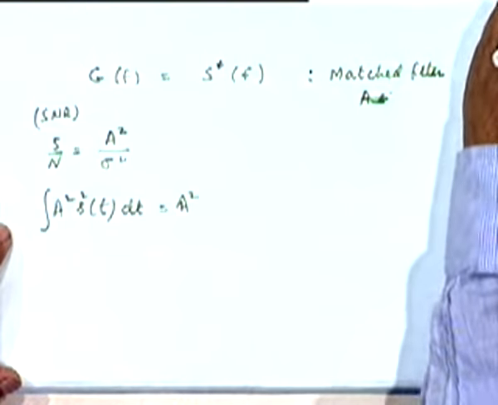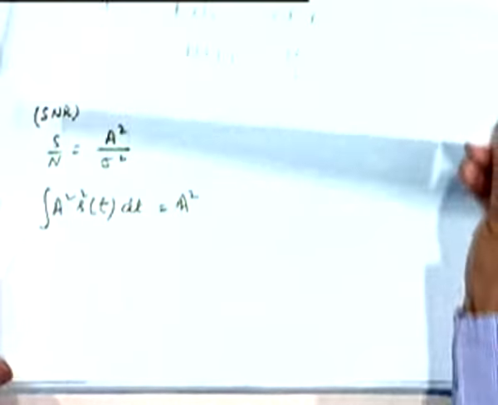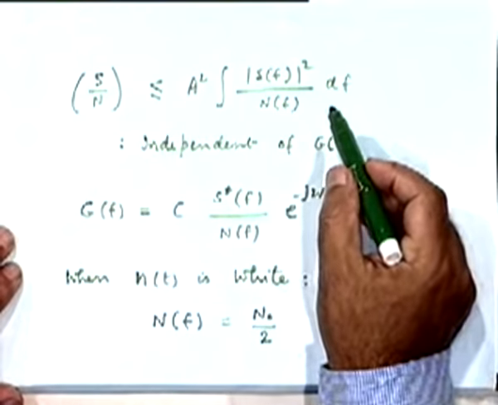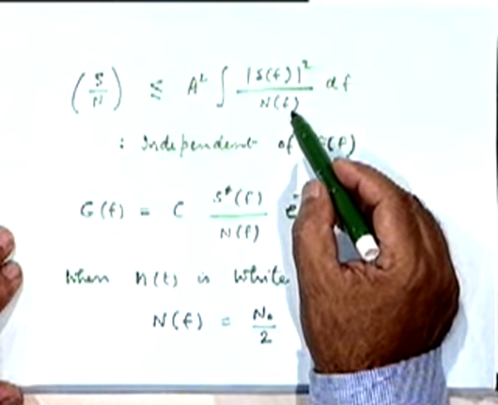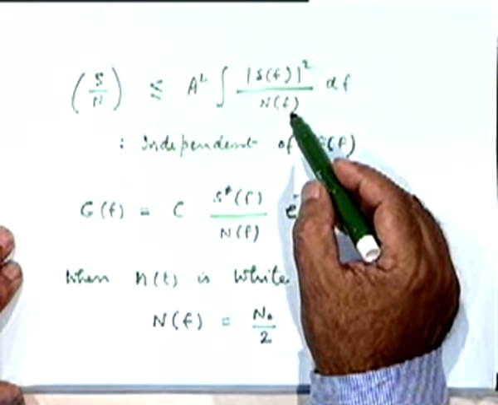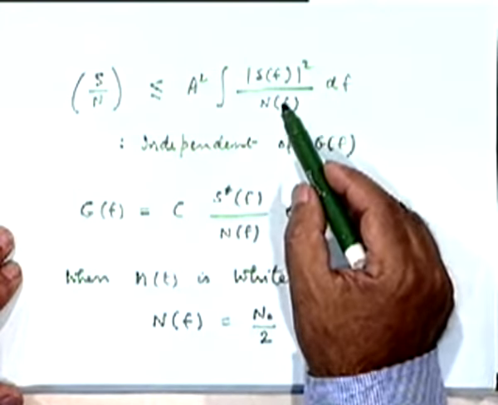Now, we already have an expression for this here. For the general case, this was the expression. If I put N_F equal to N0 by 2, what will I get?